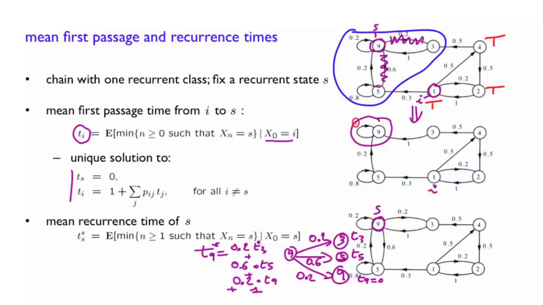Where again, these values of T3, T5, and T9 are the ones corresponding to this solution here. So of course T9 is 0.